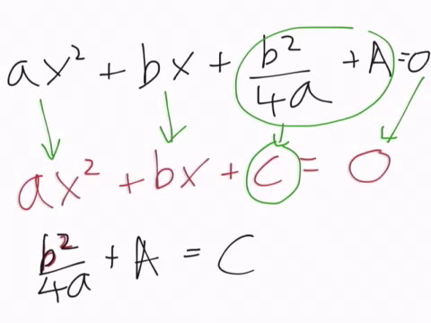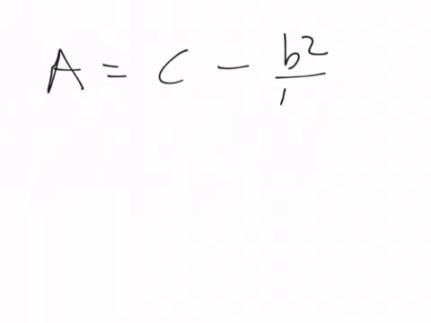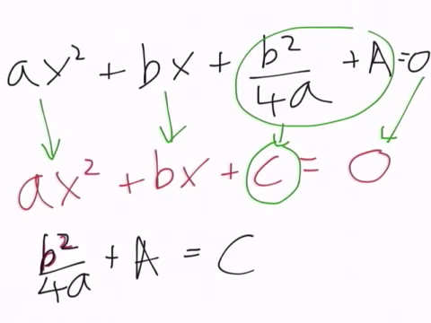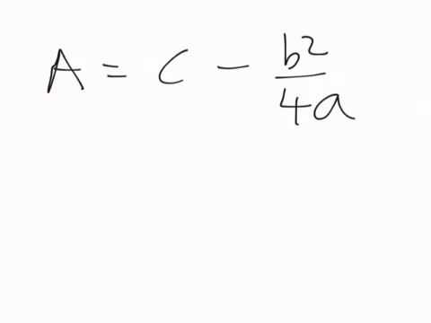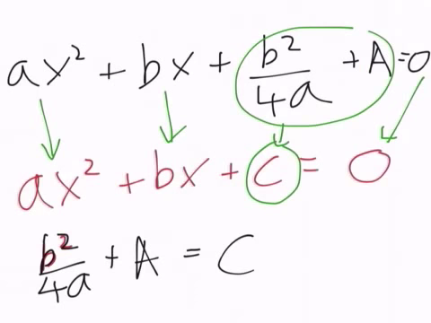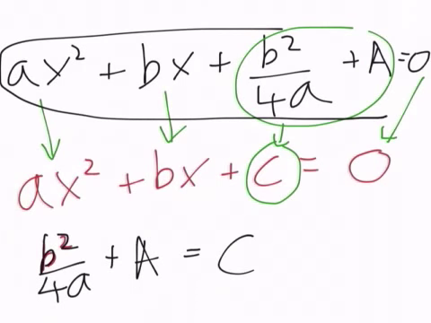Now let's rearrange that. Let's bring the b squared over 4a to the other side. You get A equals c minus b squared over 4a, with the little a. And that's what we have. Brilliant. So now I'm going to write this equation again.